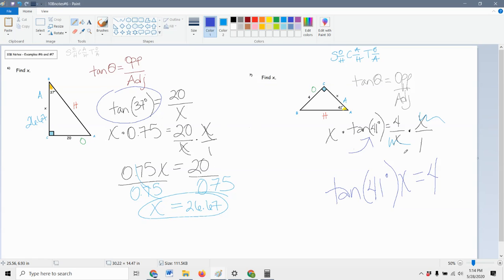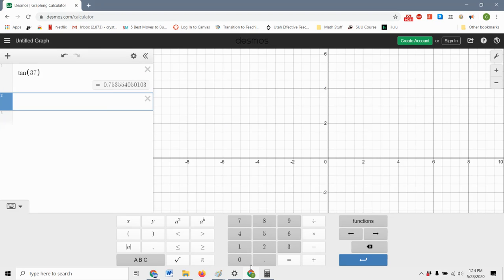It really doesn't matter. So we'll go ahead and go into Desmos and find out what the tan of 41 degrees equals. The tan of 41 degrees is going to give us 0.87 because that third spot is a 9, so we'll round up.